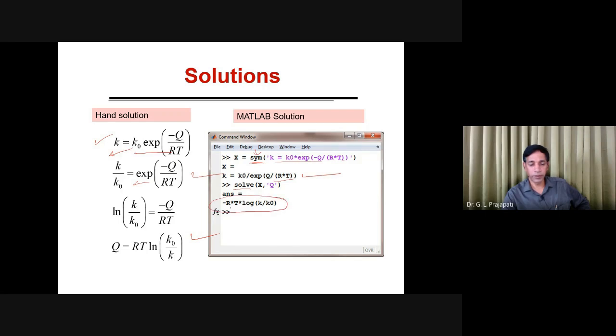And you can see that this is RT log k by k0, because if you go for this, then you will have minus RT multiplied by k0 divided by k. So this is the same you are getting.